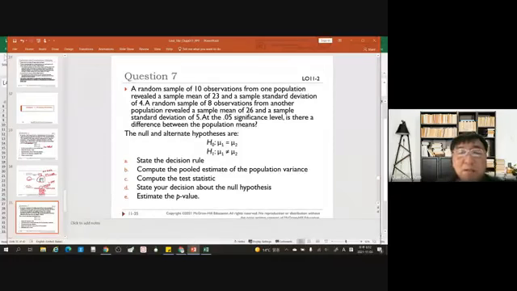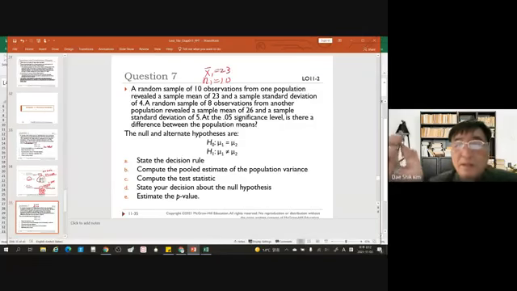Question 7: a random sample of 10 observations from one population. So N1 is 10. Sample mean X1 bar is 23.